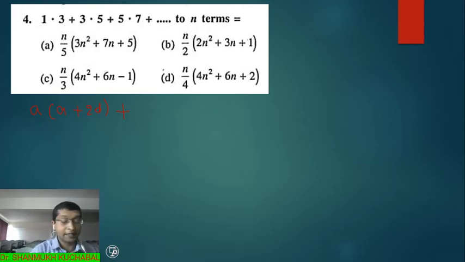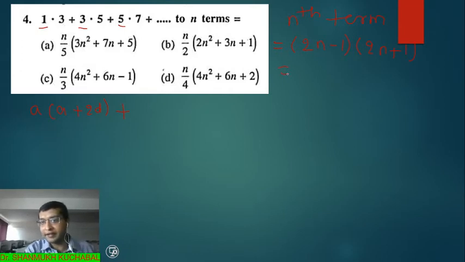For this there is a simple trick. We have to write the nth term. The nth term, for the sum of odd terms 1, 3, 5, can be written as 2n minus 1. Similarly 3, 5, 7, the n terms can be written as 2n plus 1.